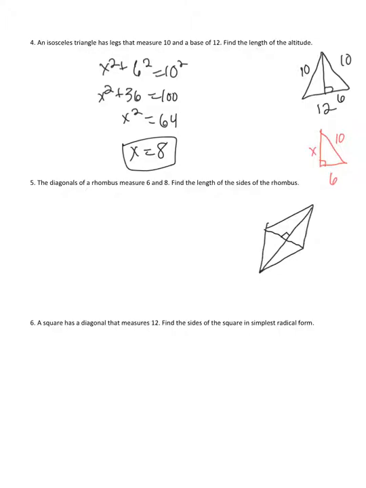So what we have here in the middle are right triangles. If I can find the length of this side and this side, I can find the hypotenuse using the Pythagorean theorem, which is the side of the rhombus that I'm looking for. If the short diagonal is 6, then this little segment has got to be 3 because the diagonals bisect each other.